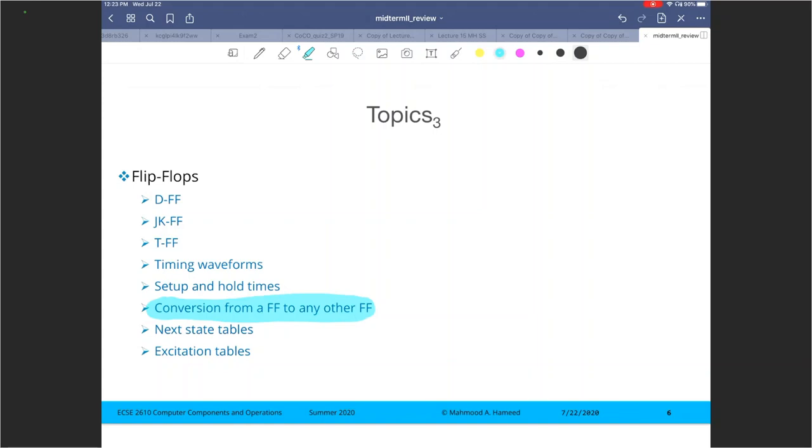I will give you a known flip-flop or an unknown flip-flop, and I will ask you to convert it to some other flip-flop. So again, I'll direct you to back exams to take a look at some examples there. And I think during the class for this, we actually did a pretty interesting example where one of the students essentially came up with his own characteristic table, the next state table for a flip-flop.